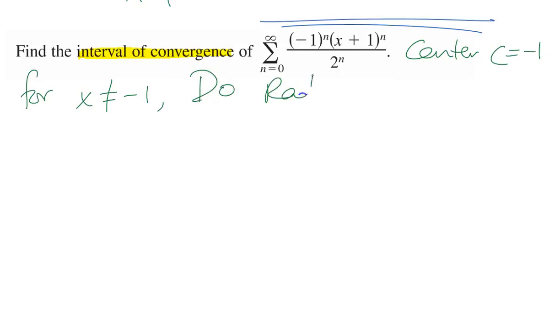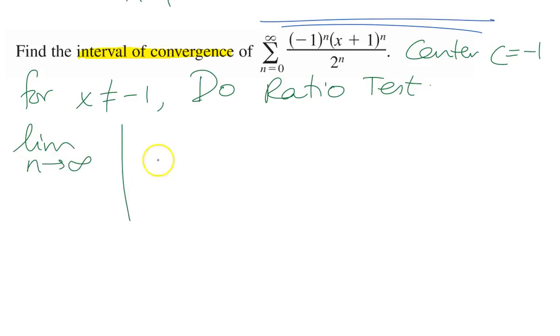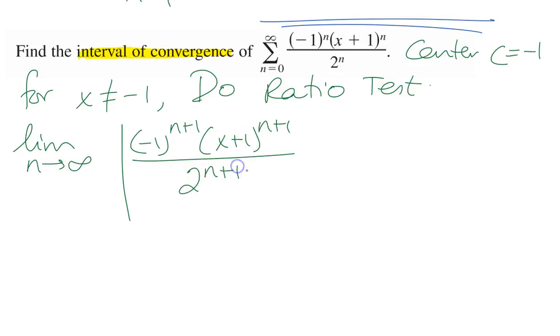Do a ratio test. So I'll say limit as n goes to infinity of the ratio -1 to the n plus 1, x plus 1 to the n plus 1 over 2 to the power n plus 1. That's your a n plus 1. Divide by a n, so flip and multiply by that fraction.